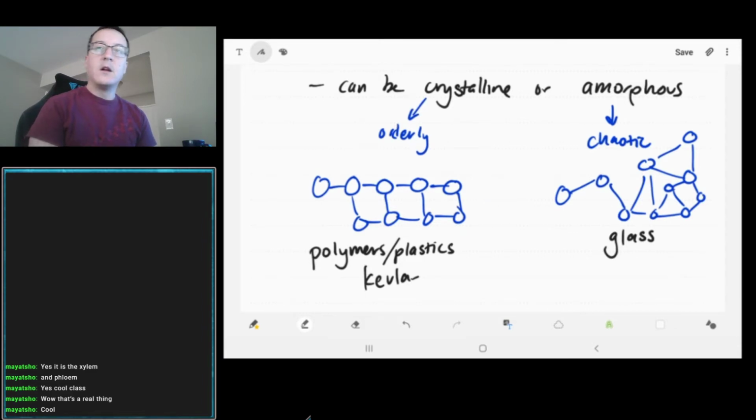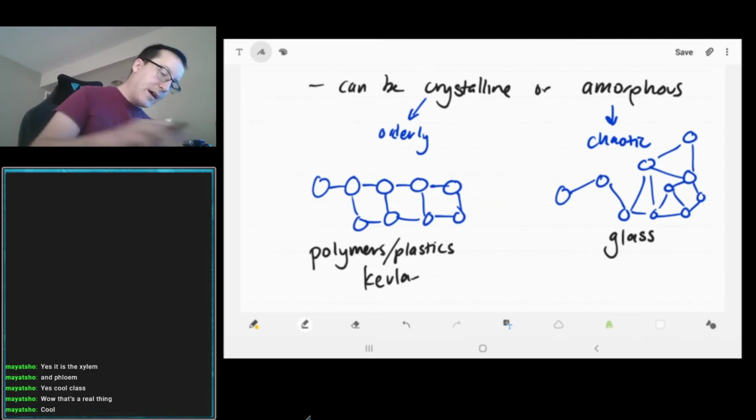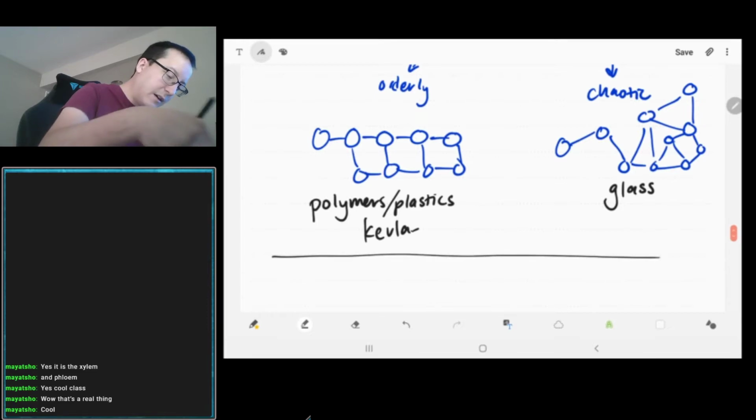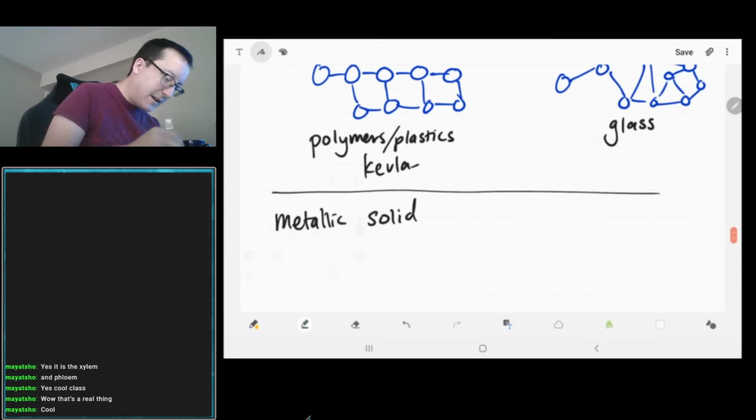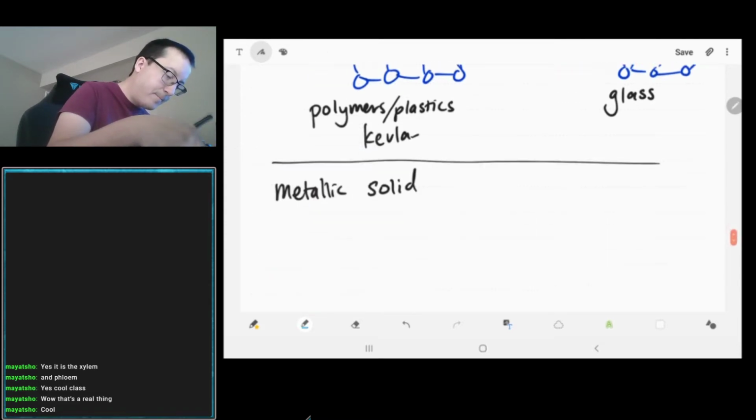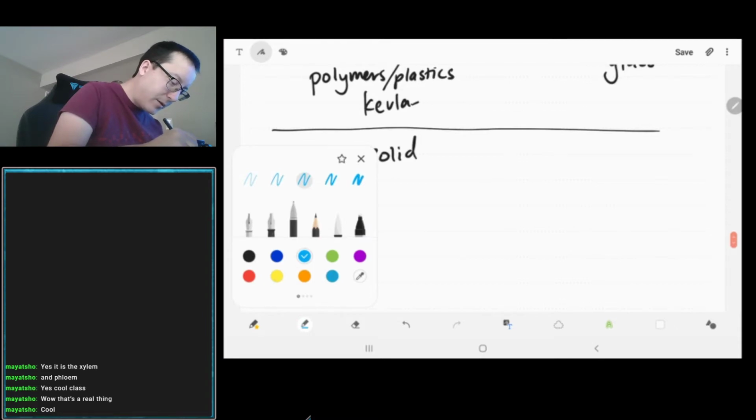Alrighty. Cool. The last solid we have is a metallic solid. So metallic solids are pretty interesting.